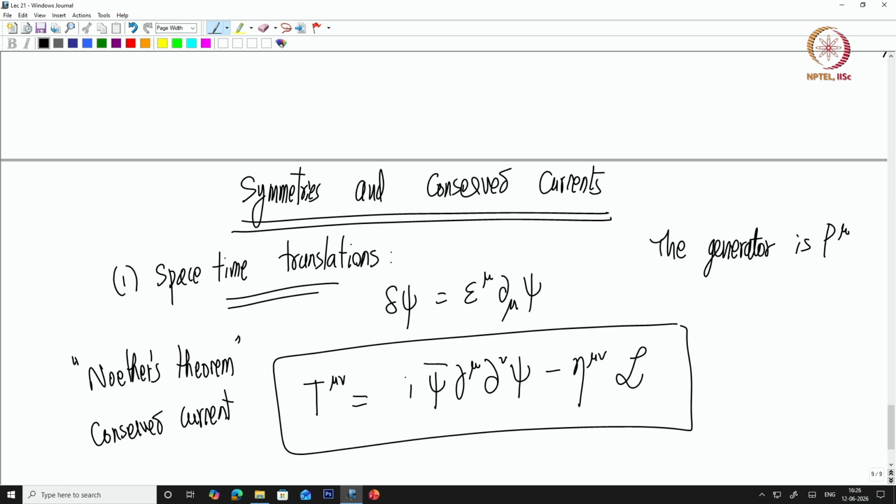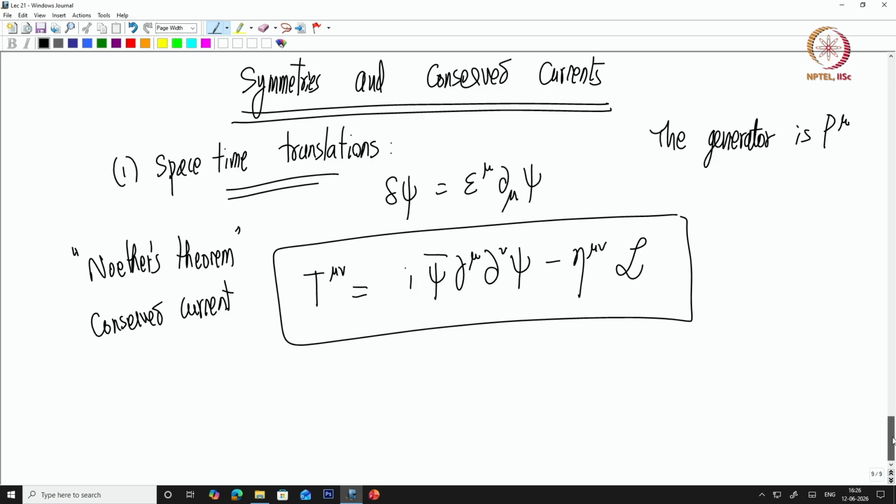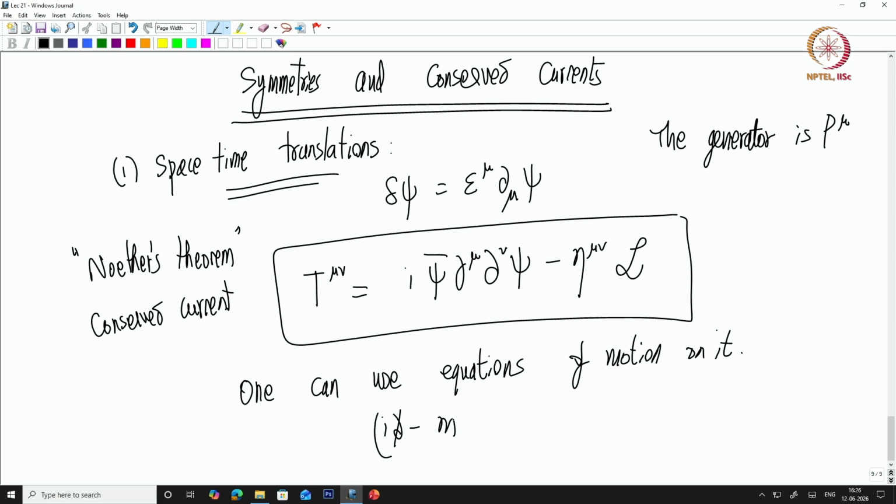Because this is the energy momentum, you can use the equations of motion on it: (i ∂-slash minus m) psi is equal to 0.